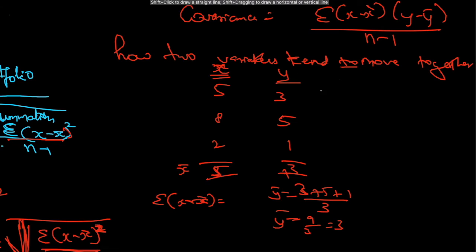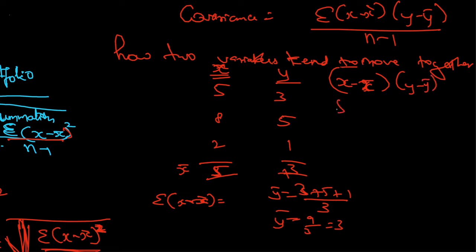So x minus x bar into y minus y bar. So x minus x bar is 5 minus 5 into 3 minus 3. Okay, first one. Second one, 8 minus 5. So by the way, for this first one, it will come to 0.